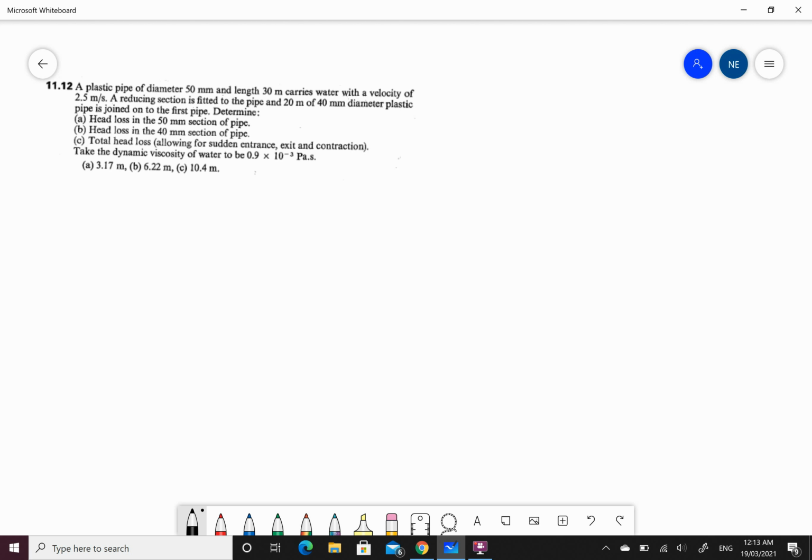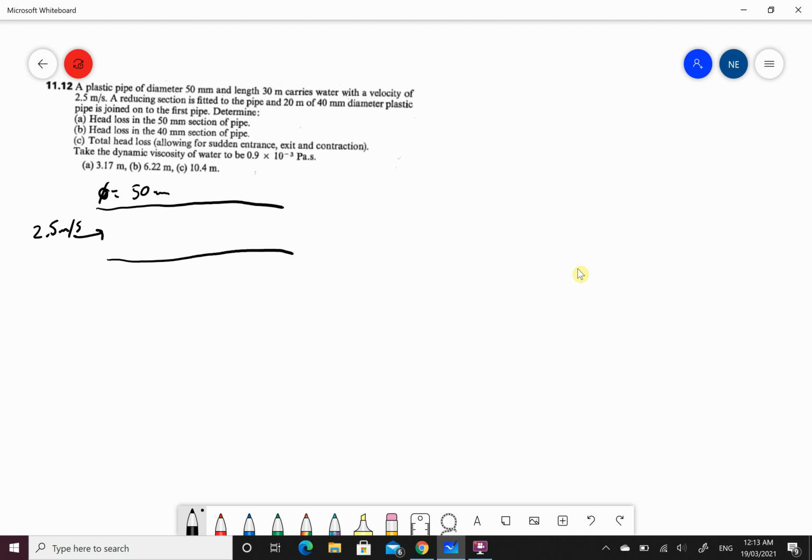So what's happening here? Well, I have, by the looks of it, a pipe going here, 50 mil diameter. I have a velocity running here, 2.5 meters per second.